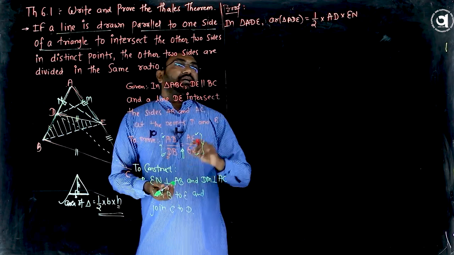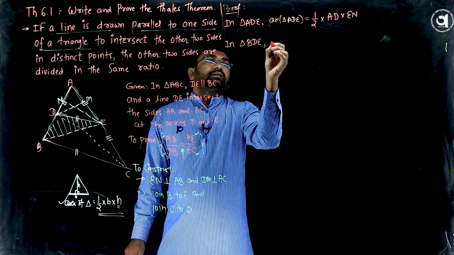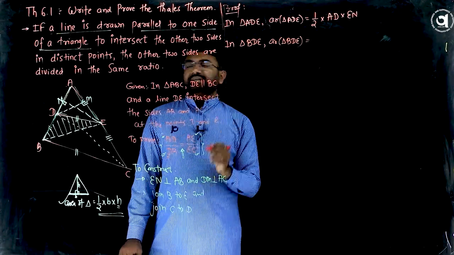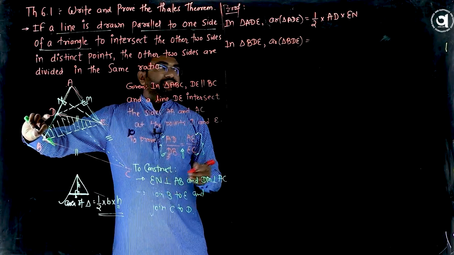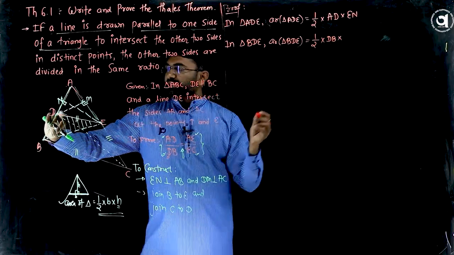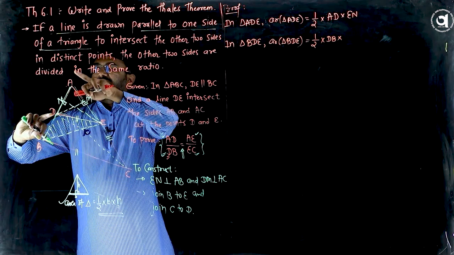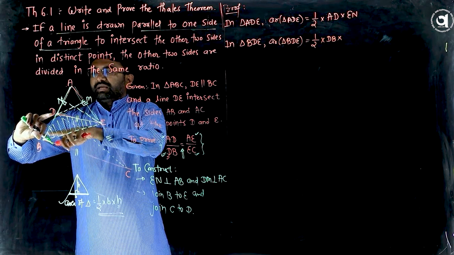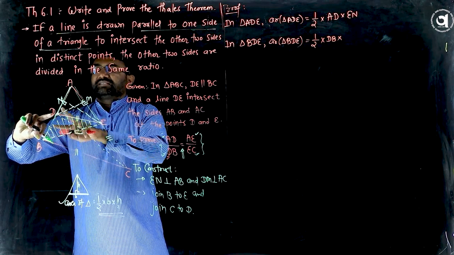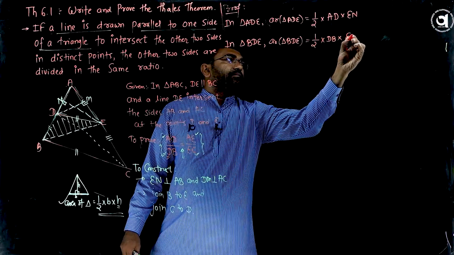So we select that triangle and write its area: area of triangle BDE is equal to 1/2 into base DB into height. This DB line segment lies on side AB, and the perpendicular to AB is EN. So this triangle's height is also EN.